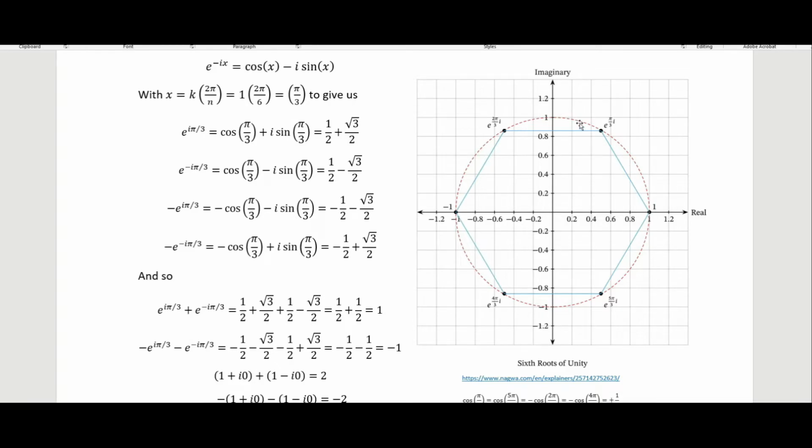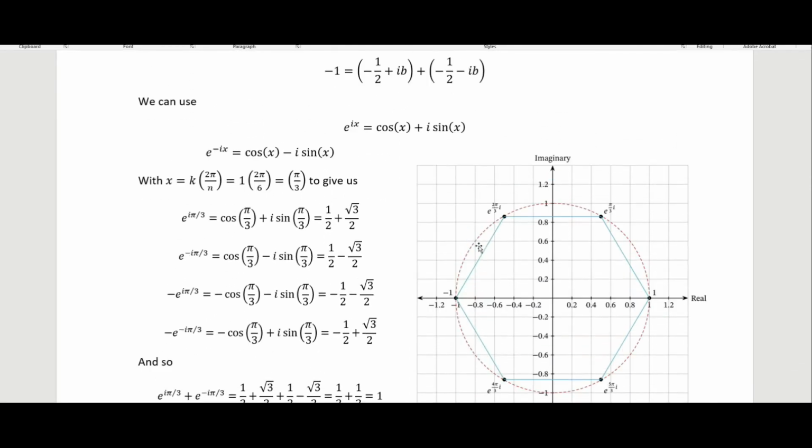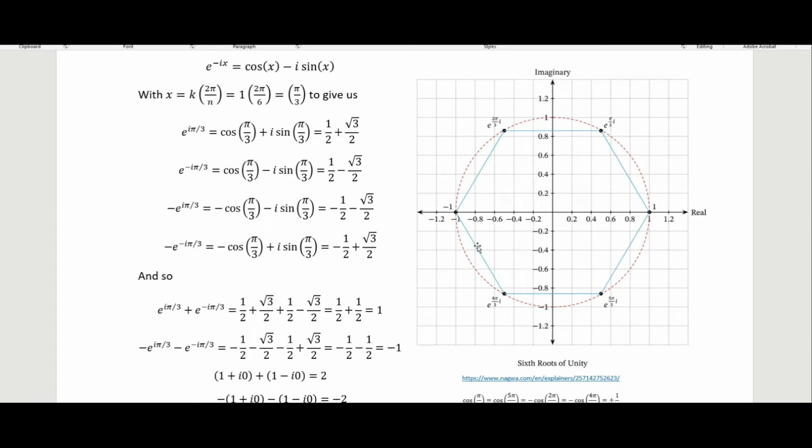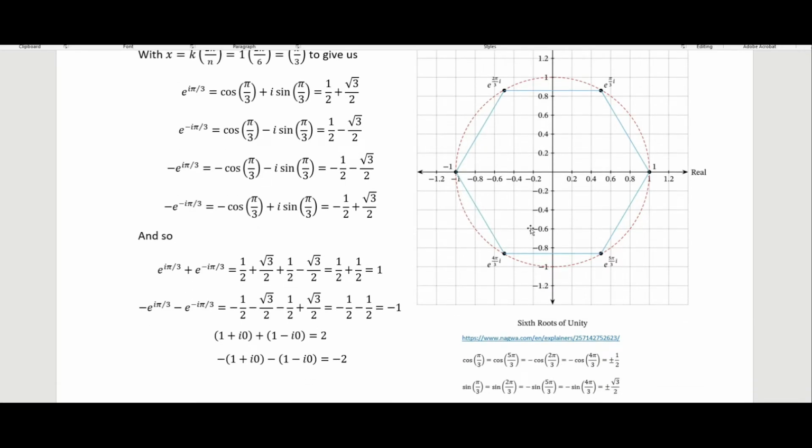And so when we put these into complex numbers, we essentially just have our shape, our symmetry, but in the complex plane. And so that is what those complex numbers mean.